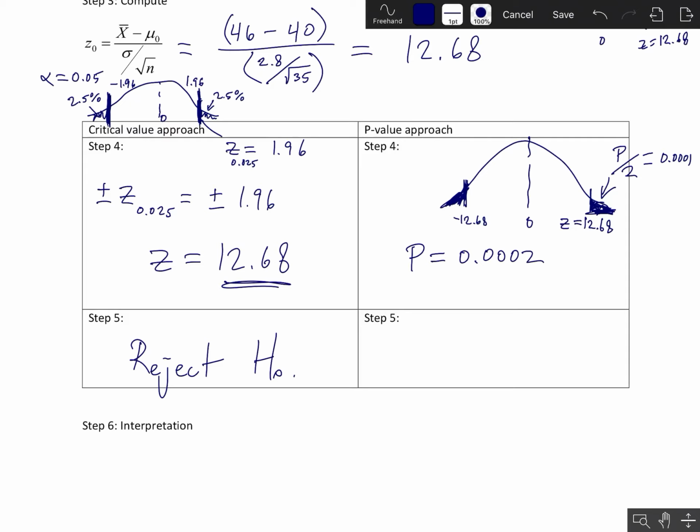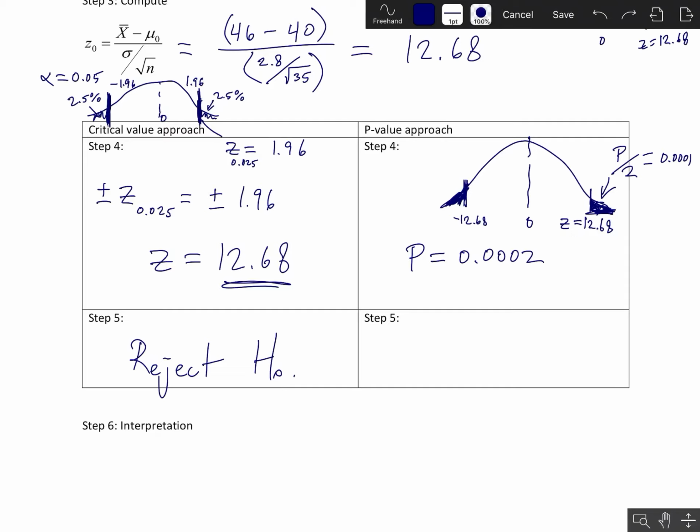And what this is saying is that there's a 0.02% chance that if the null hypothesis were true, you would get such an extreme z-value. So in other words, only 0.02% of the time would you get such an extreme value if the null hypothesis was actually true. And that leads us to think that the null hypothesis probably isn't true, because we wouldn't get such an extreme value as our z-score if we were really picking from the distribution that was promised by the null hypothesis.